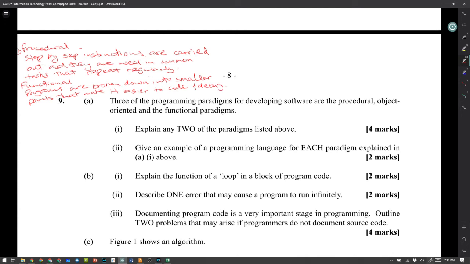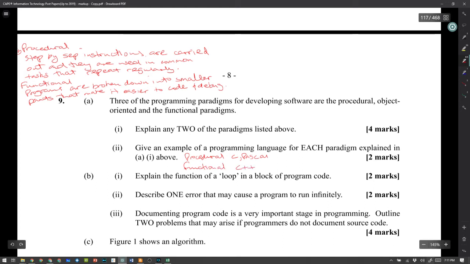Part 2, give an example of a programming language for each explained in part 1 above. Procedural would be like C or Pascal. Functional, basically anything could be functional.